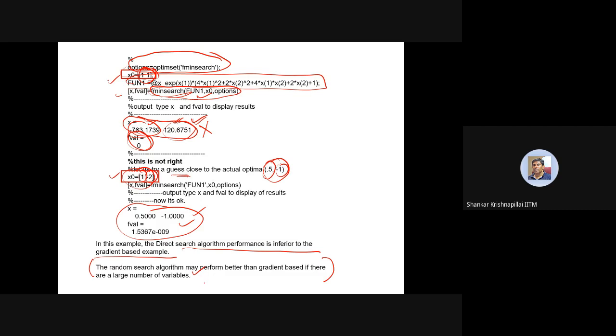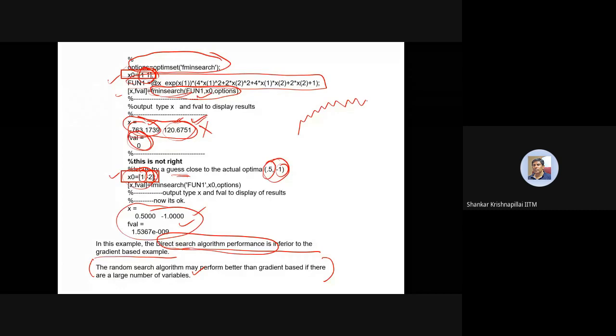So in certain circumstances, this direct search algorithm may be better than the calculus based method. Also, for some experimental data which is captured with the help of sensors, those curves may be very sharp like this.